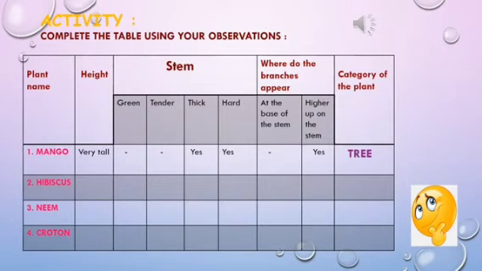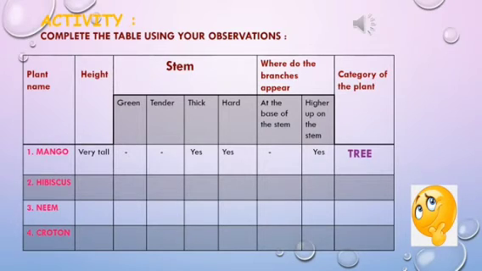Here is an activity. You are going to complete the table using your observations. The names of a few plants are given, such as the mango, hibiscus, neem, croton. These are the different plants. You are going to observe the height of the plant, the stem, whether it is green, tender, thick, hard.